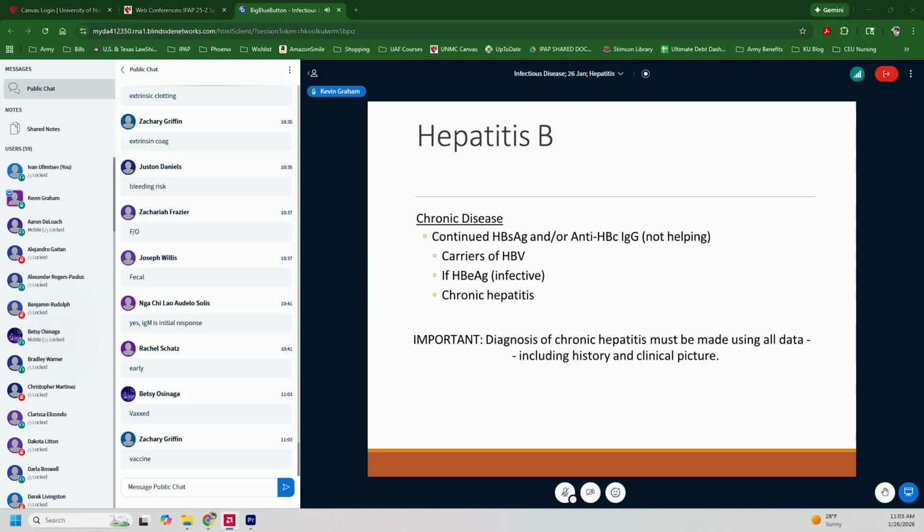That's all we need. If there is hepatitis B core IgM and hepatitis B surface antigen, what does that tell us? Surface antigen and core antibody IgM. What stage are we in?